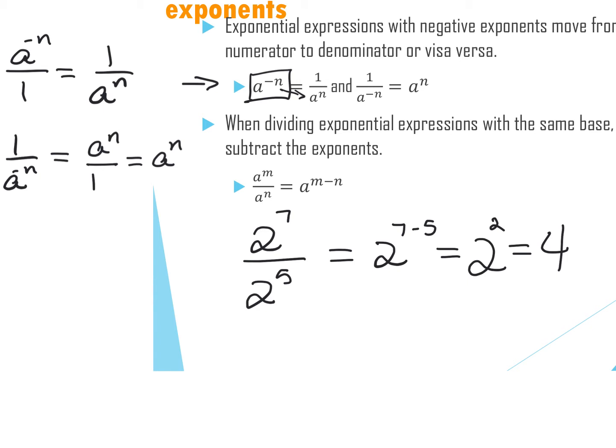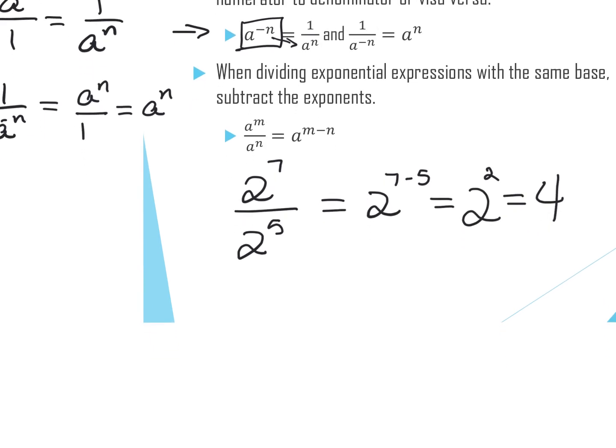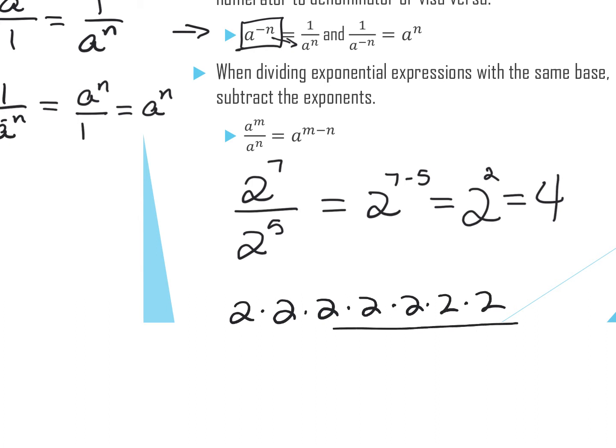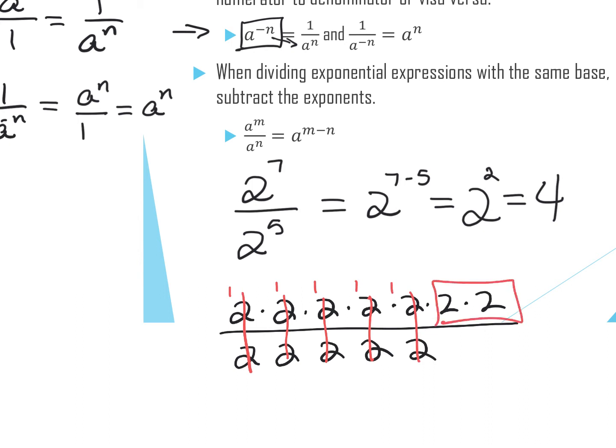Because if you think about this, if I were to write 2 to the 7th power, 3, 4, 5, 6, 7, and then write 2 to the 5th on the bottom, notice I could simplify this, because 2 divided by 2 is 1, 2 divided by 2 is 1, is 1, is 1, is 1, and notice the only thing that was left was to multiply 2 times 2, and you get 4.